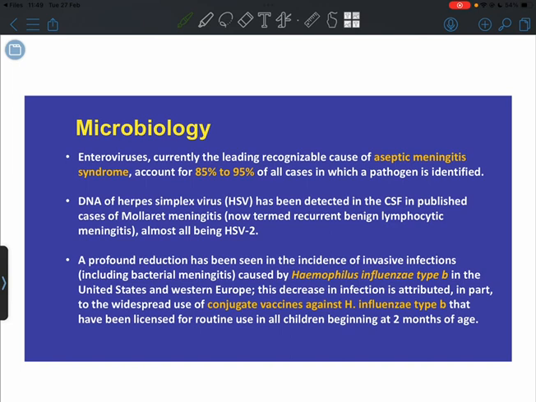Microbes, starting with viruses, as we all agreed, are the most common cause of aseptic meningeal syndrome, moving to other viruses, ending up with the value of some vaccines for H. influenzae type B that gets rid of this rather nasty infection that causes meningitis. And again, when we do that, other subtypes will come and fill the void and cause infection again and again.